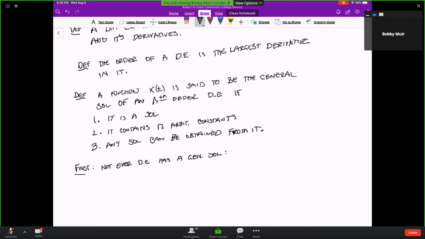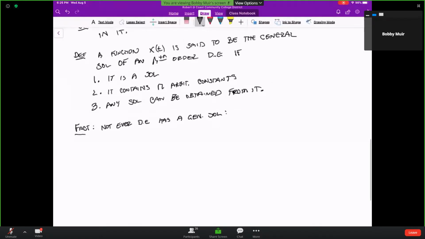Okay, so now you might be wondering, why n arbitrary constants? Well, if I gave you this problem, and there are problems like this back in the Math 180 section, where the fifth derivative of x is equal to, let's say, 0, then we would integrate and say that the fourth derivative of x would be an arbitrary constant.